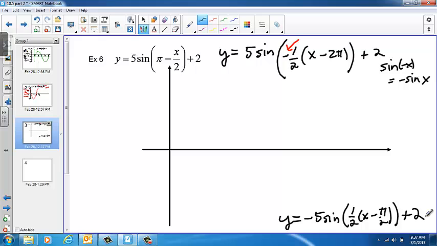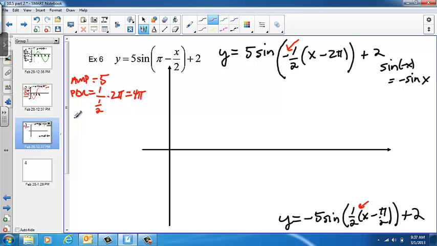So let's write down everything that we need to do over here to the left. The amplitude is the absolute value 5, which is 5. The period, since b is 1/2, is going to be 1/2 times the old period. So the new period is going to be 4 pi.